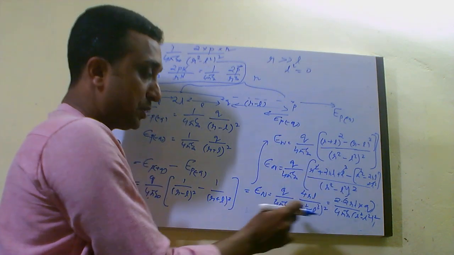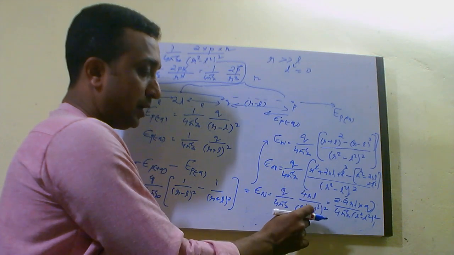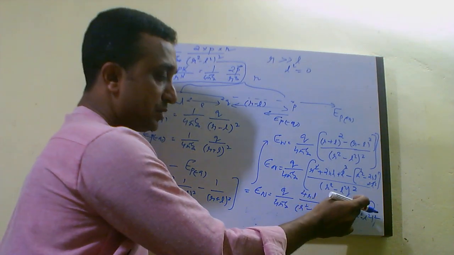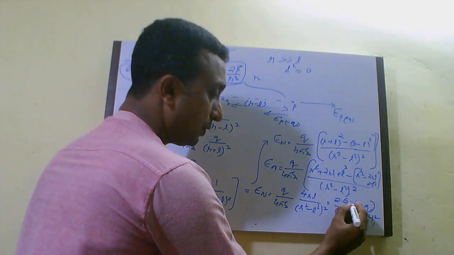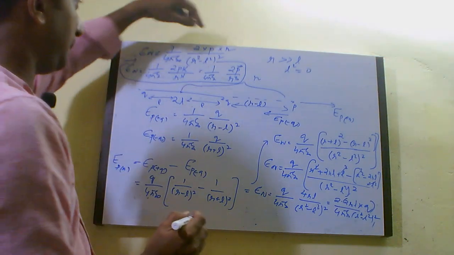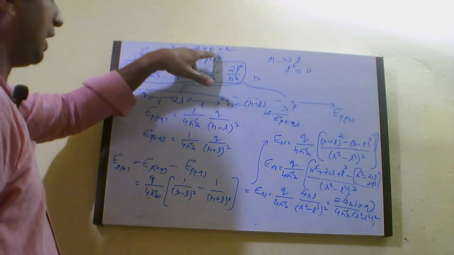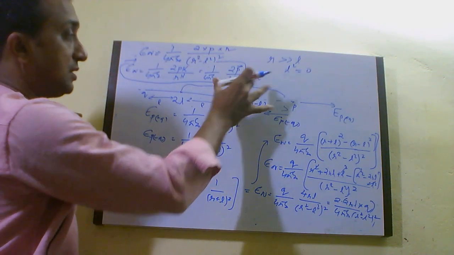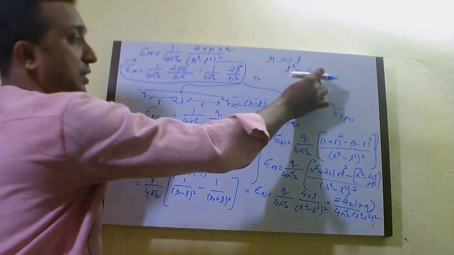So when you substitute, you will get Q by 4 pi epsilon 0, 4RL by (R squared minus L squared) the whole square. Now out of this you make 2 times 2RL. This 2L and Q will become P. You will have 2 R and P. And when you compare this R with L, R is a very large quantity compared to L, so you can ignore this L square.